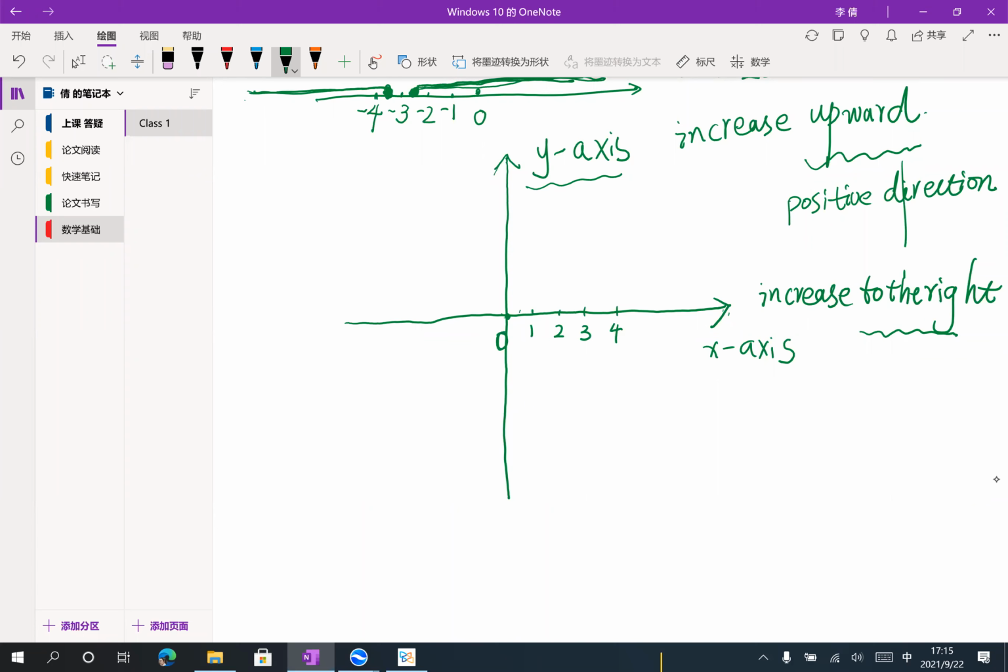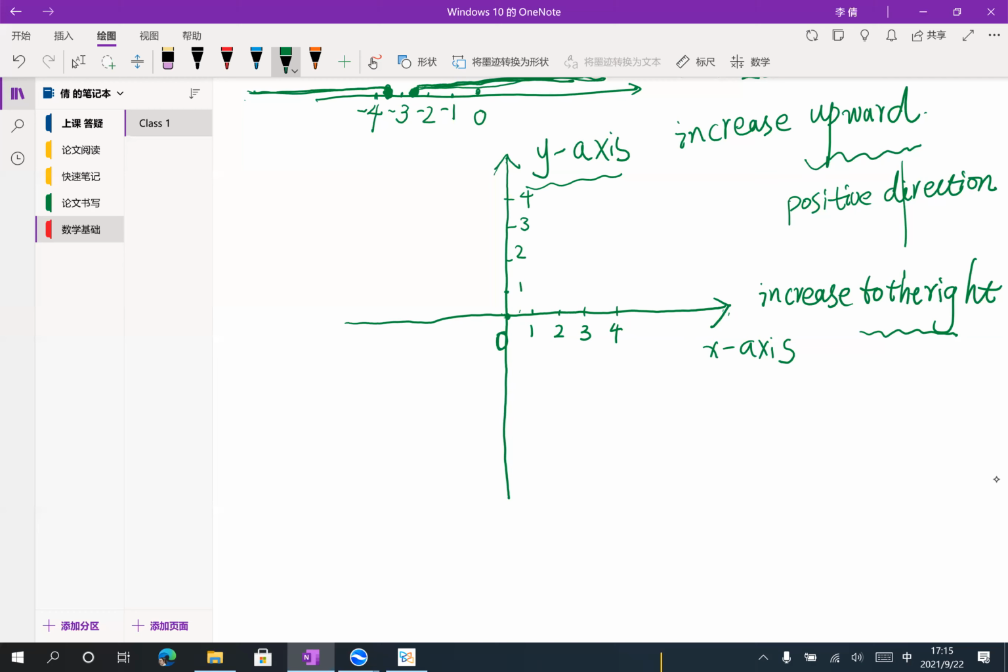Upward from 0 it is also 1, 2, 3, 4, and these are the positive numbers.